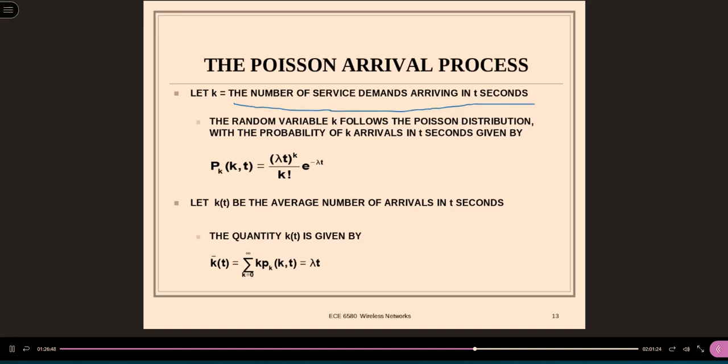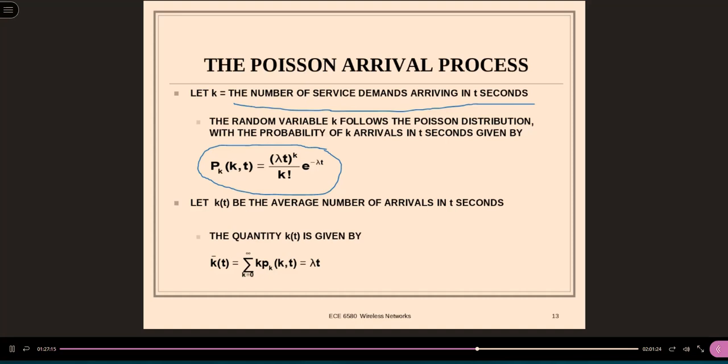And then the probability that the number of arrivals in these 10 seconds is 1 is another value. And in general, then, the probability distribution of the number of arrivals in t seconds is given by this particular formula. So there is a parameter here called lambda. Okay. And lambda is the average number of arrivals in t seconds.